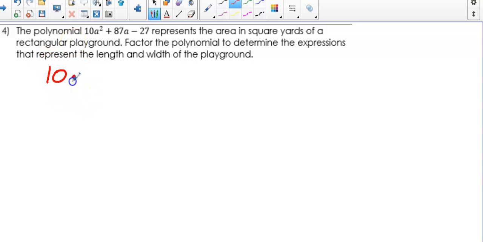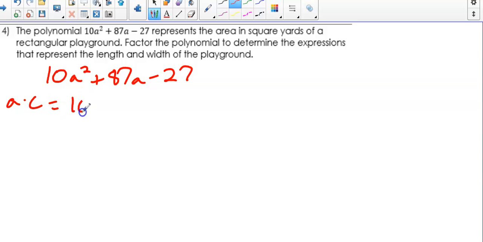Instead, I'm just going to have to factor by grouping. I'm going to copy this down over here. My first step is to multiply A and C. So that's 10 and negative 27. That multiplies to give me negative 270.